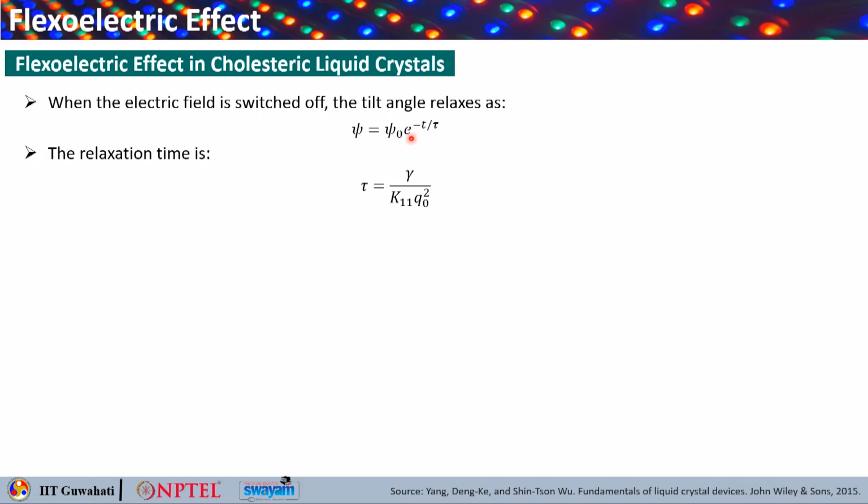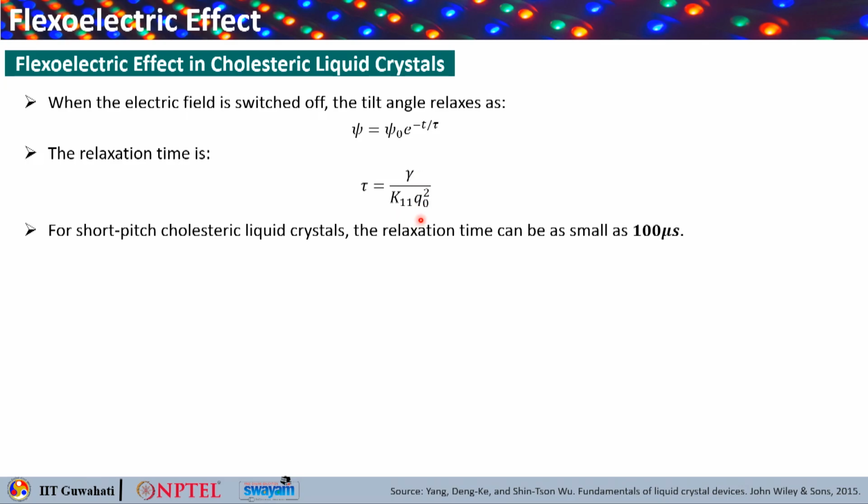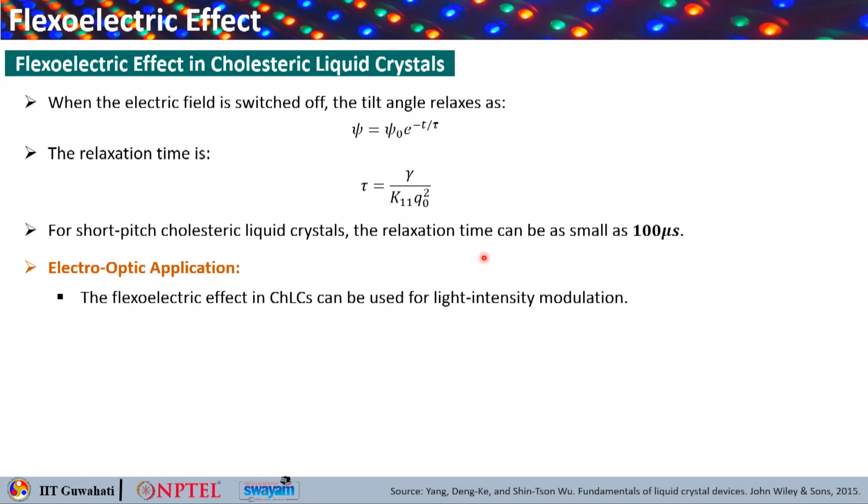From this you can find the relaxation time, which is gamma divided by K11 Q naught square. Typically for short pitch cholesteric liquid crystals, the relaxation time can be as small as 100 microsecond. So it is pretty fast.